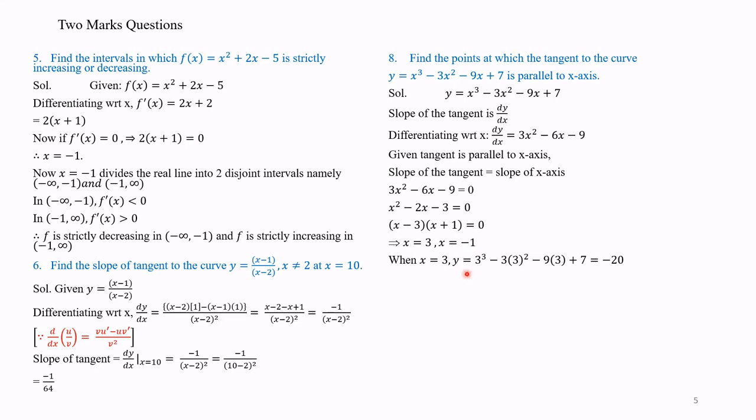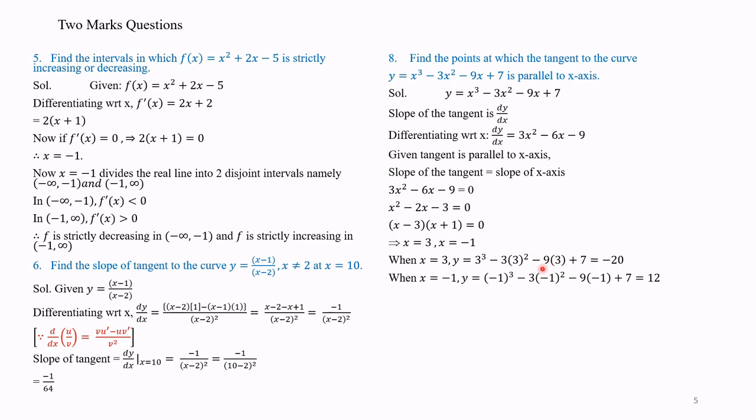Therefore, when x is equal to 3, we have to substitute the value of x in this equation. We get 3 cube minus 3 into 3 square minus 9 into 3 plus 7, that is equal to minus 20.